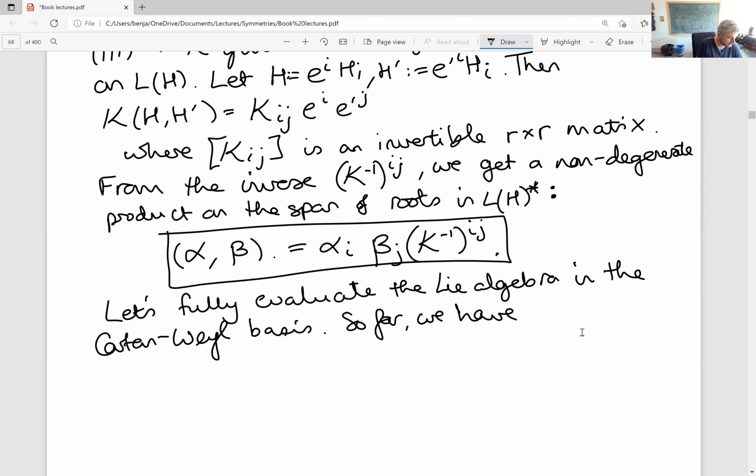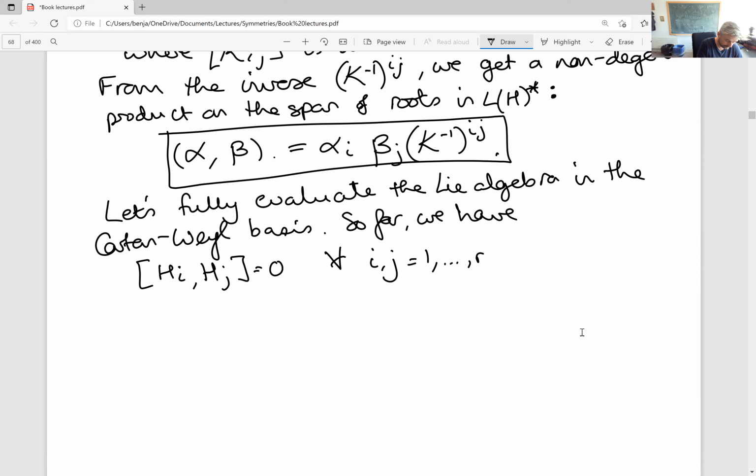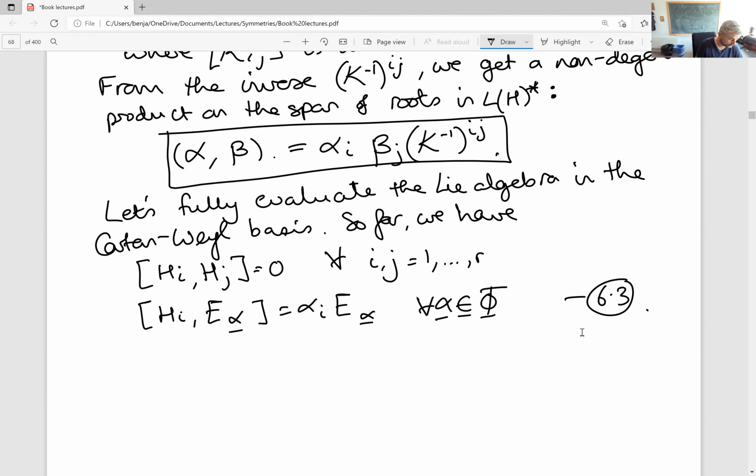We certainly have that H I and H J have a 0 Lie bracket, for I and J going up to R. And we have that H I and E alpha is alpha I, E alpha, for all alpha in the root set. That's what I'm going to call 6.3. But we're missing the Lie bracket between E alpha and E beta, between two of the different operators corresponding to roots.